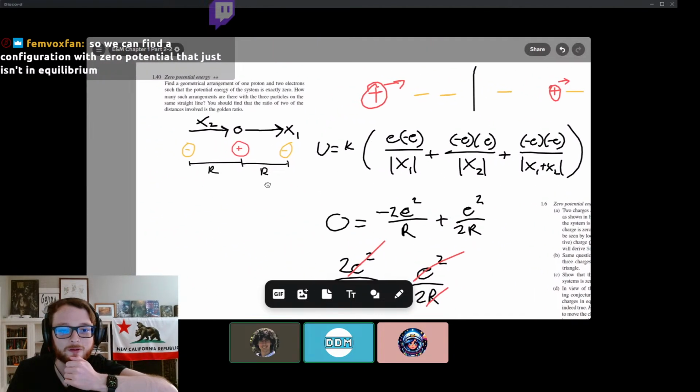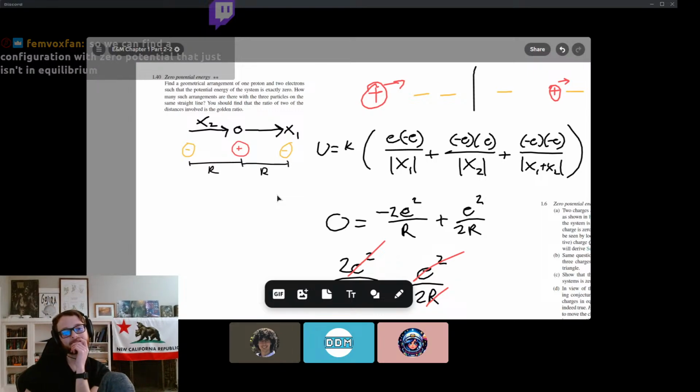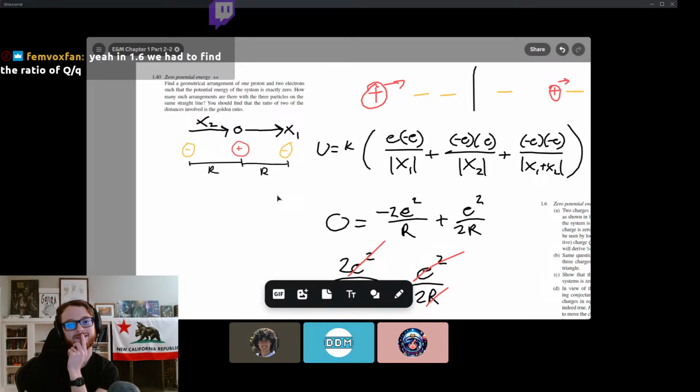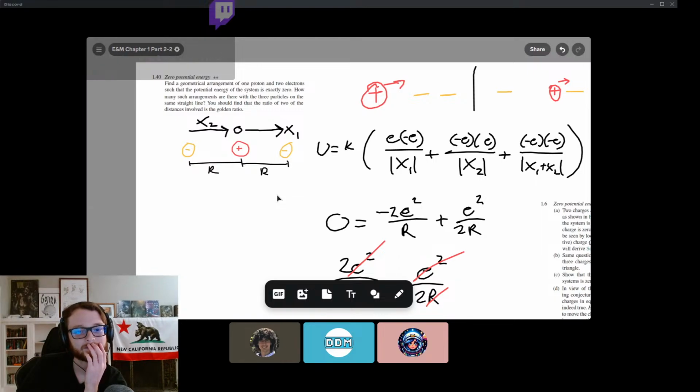So we did, if they're all equal, can they not be collinear? Unless we're saying this U equals 0 is an equilibrium thing. Yeah, I guess we gotta roll with it.